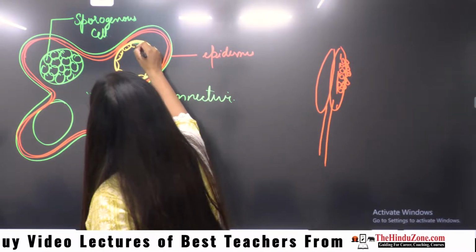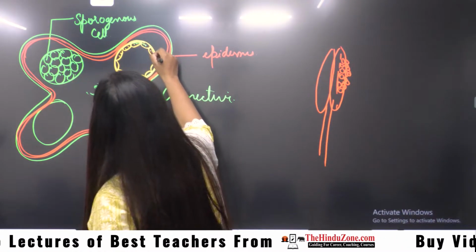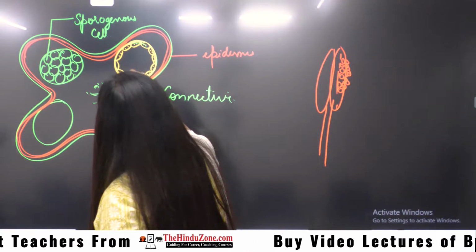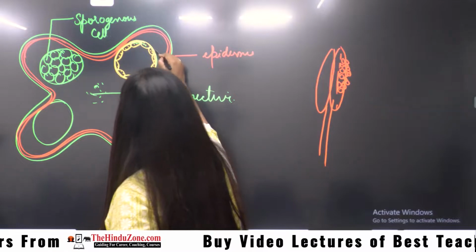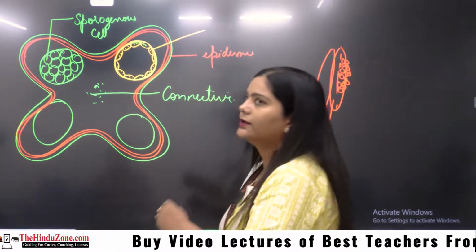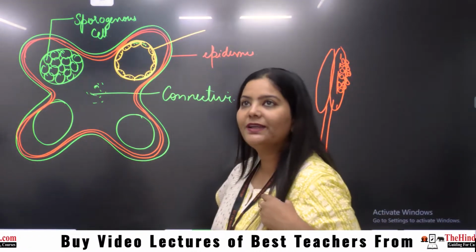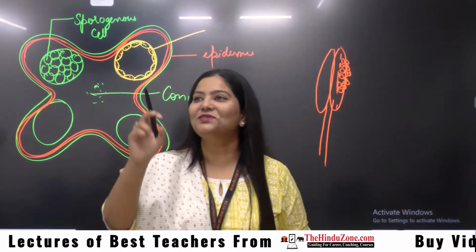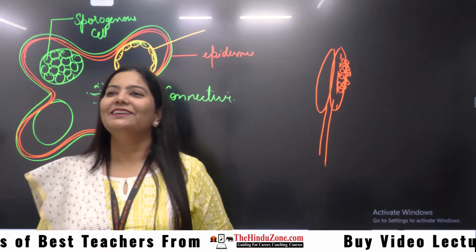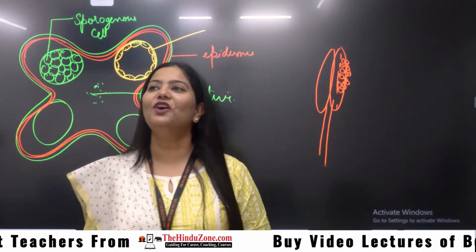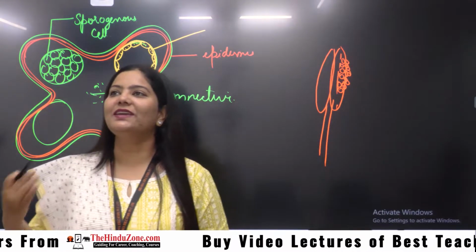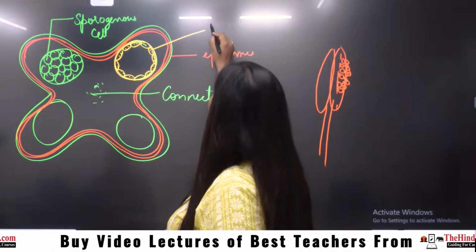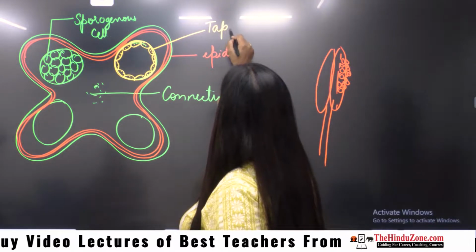Usually 2 nuclei are present in its cells. They provide nutrition. What is this wall called? Tapetum. She has learned everything and she is speaking fast, and now she is competition for you all, so keep on speaking, be quick. So this is the tapetum.